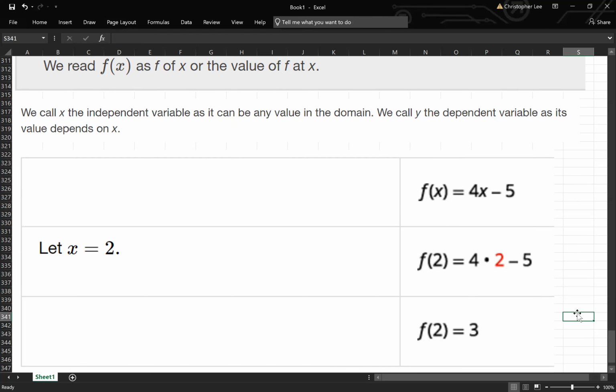You don't have to go with f over there? No, that's just a name. So f of 2 is 3. That's all that's saying. And that's just the math on how to get it. So we good? Makes sense?